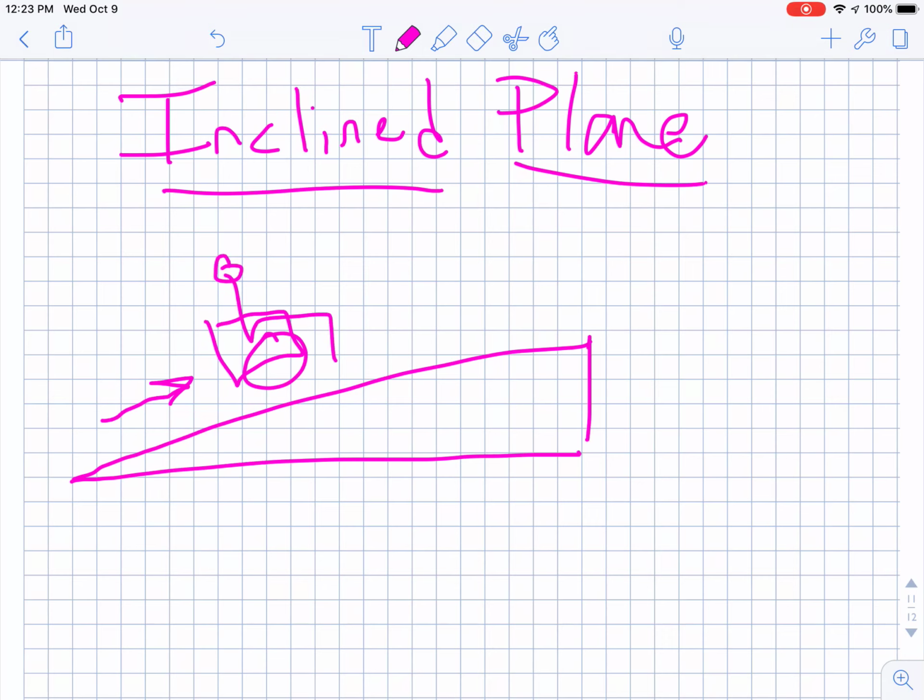So I'm pushing with a force of, whatever, 20 pounds, and the combined weight of my friend in his wheelchair weighs 200 pounds. Okay, so this is my Fin, this is my Fout. My output force is always how much the thing weighs that I'm pulling or pushing.